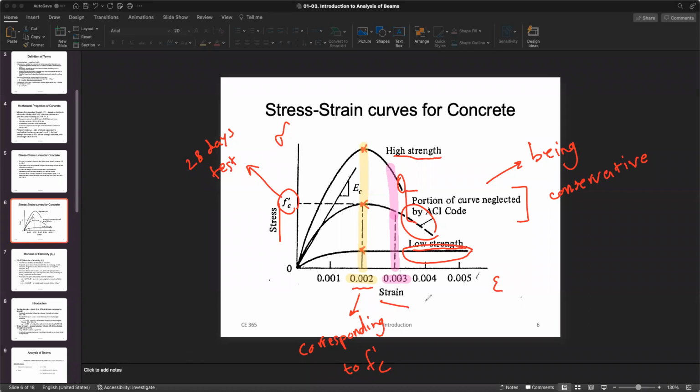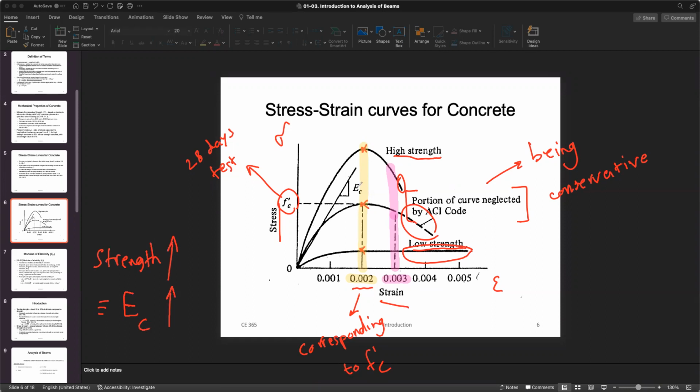And what else? As you can see, something is happening here. As the strength goes up, what is happening? If you think about it, the modulus of elasticity of concrete is going up, right?